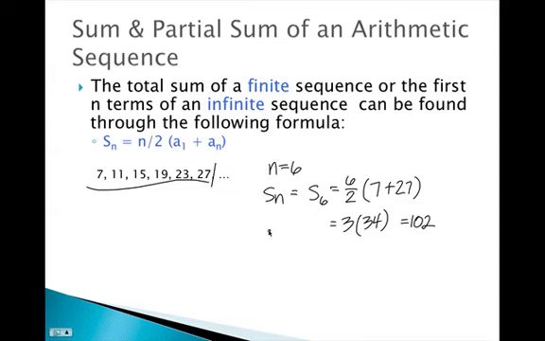So you can use it to find the sum of an infinite sequence, but only through however many terms are specified. So it in fact becomes a finite sequence. And it has to be the first terms. You can't find it somewhere in the middle of the sequence. It has to start with the very first term.